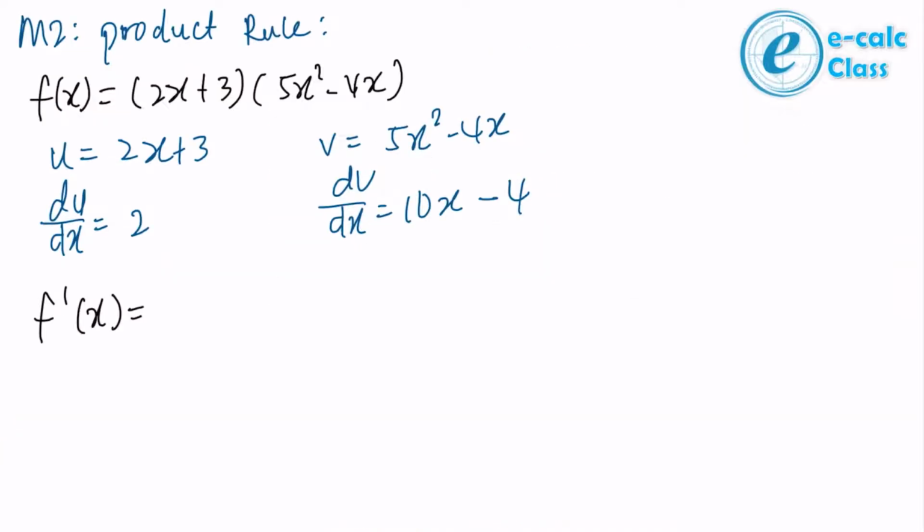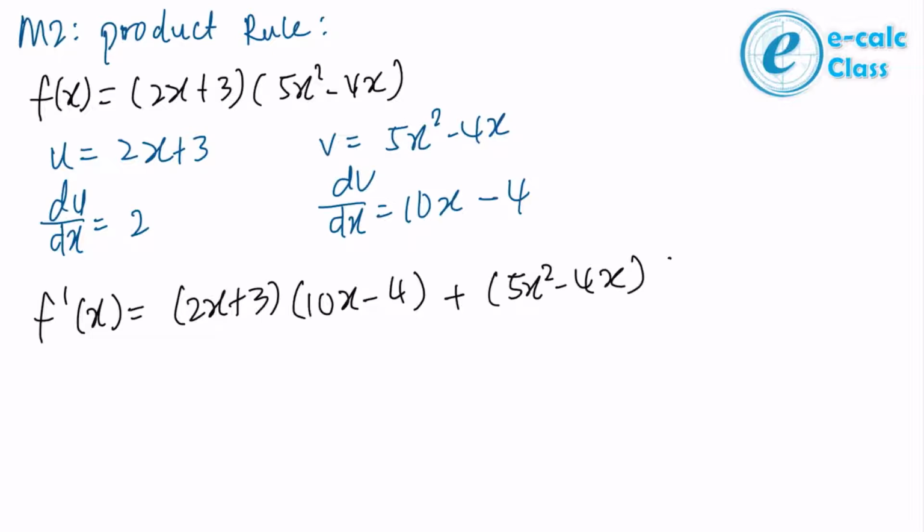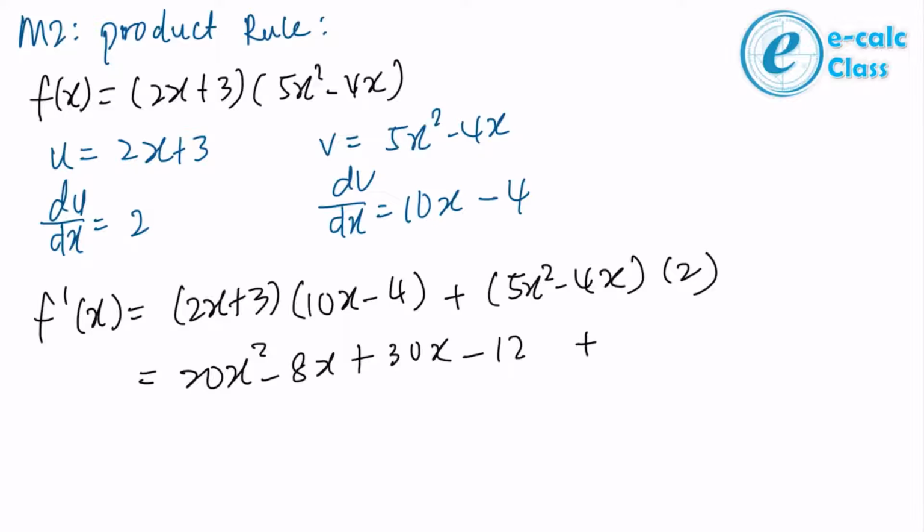Okay, u dv dx, then plus v du dx. Then you just go ahead and simplify this. 20x squared minus 8x plus 30x minus 12 plus 10x squared minus 8x.